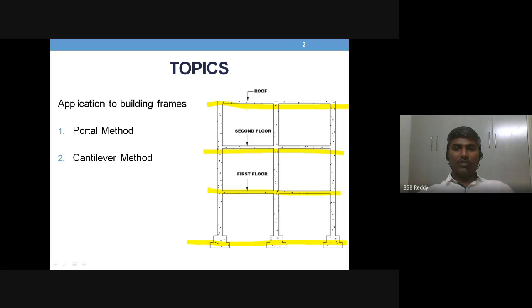If you have some loads acting on this, particularly what we are expected to do in this unit is talk about only the lateral load analysis. When there is a lateral load acting on the building frame, how are you going to analyze it in an approximate manner, not exact analysis. See the clear difference here.